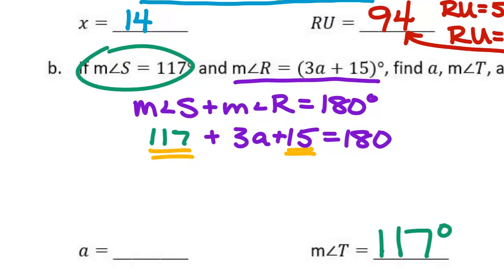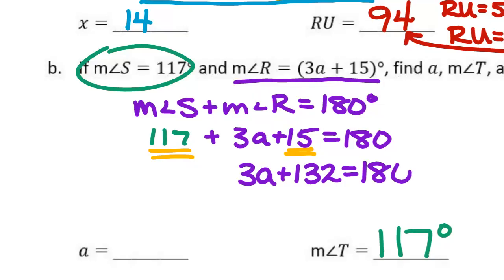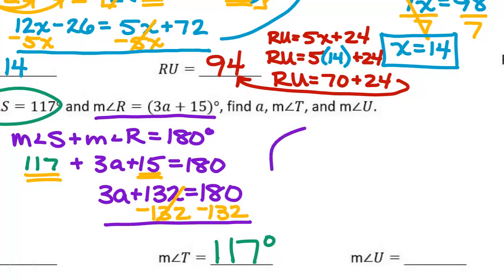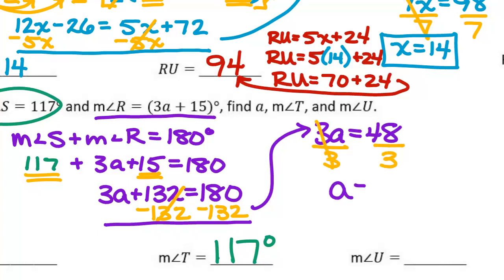What do you get when you combine 117 and 15 together? 132. So 3A plus 132 equals 180. Then we subtract 132 from both sides. What is 180 minus 132? So 3A equals 48. Divide both sides by 3. And A is what? A is 16.